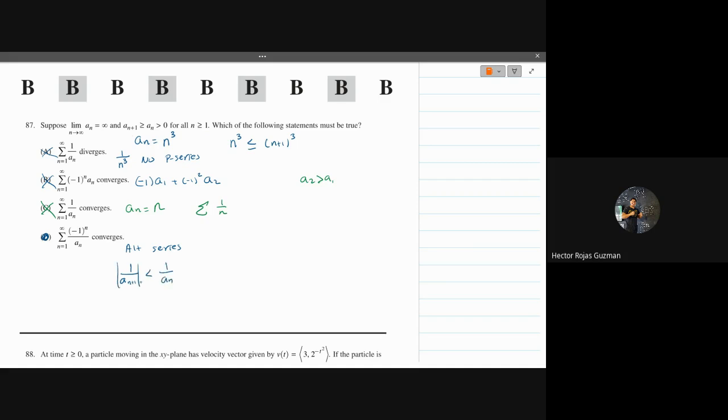And yeah, there's an absolute value in there, but we already took that into account. At least I hope we did. Is this true? Yes, this is true. We already know a of n is smaller than a of n plus 1, but when you put them into fractions, then the opposite is true. So yeah, this is going to converge by the alternating series test.